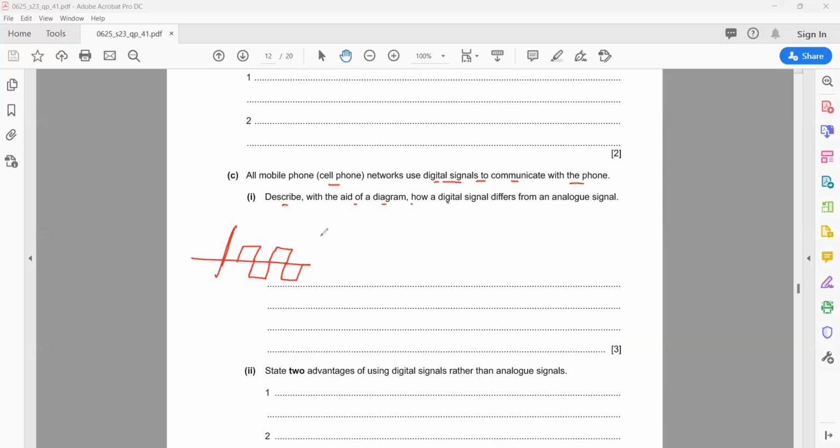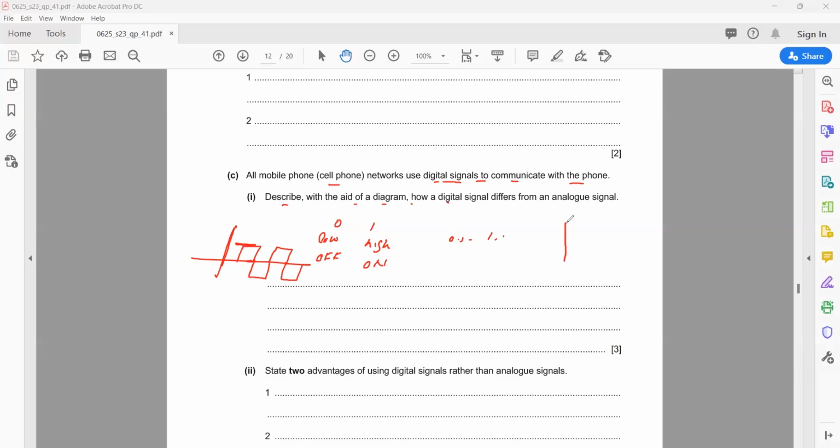It means digital has only two values, 0 and 1. 0 means low and 1 means high, or 0 means off and 1 means on. They don't have any other values, no 0.5 or 1.5. Only two values. You can see here it has either 1 or 0.